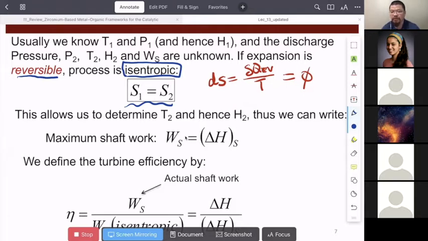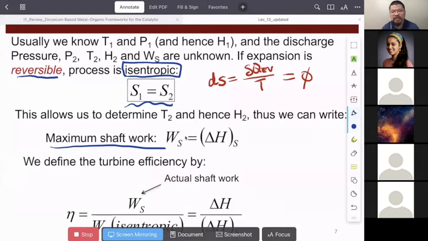So if we are following the ideal reversible turbine process, we are going to have the maximum shaft work. We are not wasting any heat to the surrounding. This is why the entropy is exactly the same throughout the process.